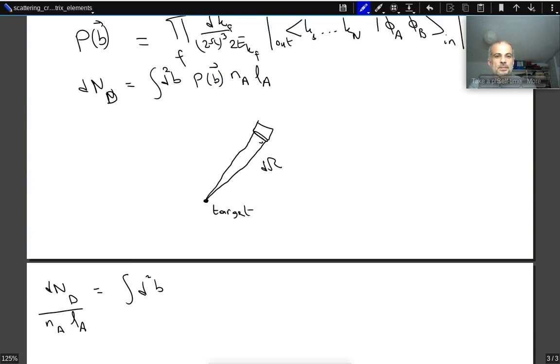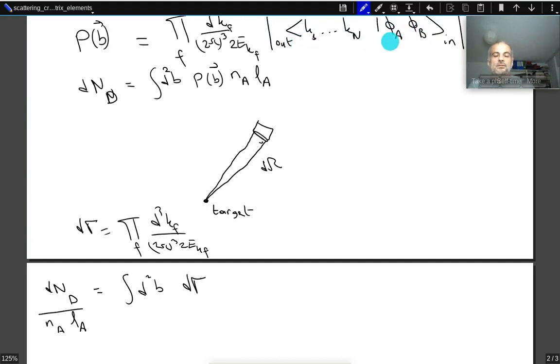Now this probability will be, I have first this, let me just denote that by d gamma, where this d gamma is the phase space of the final state particles. This is our d gamma. Now let me write this matrix element over here.